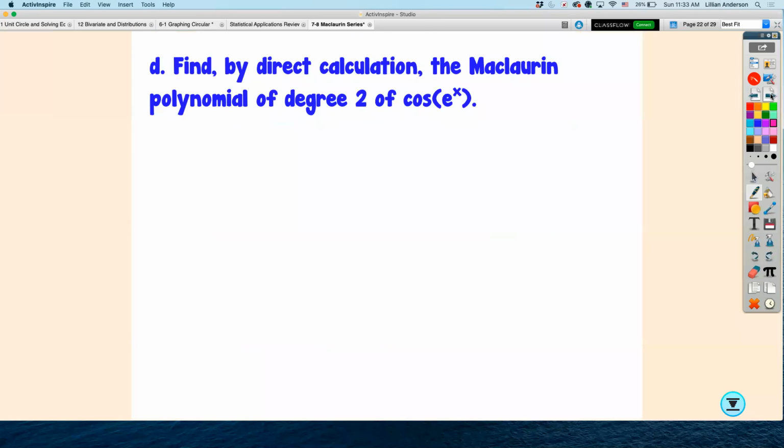Using everything that we've done in parts A, B, C, and D, now we're going to find by direct calculation the Maclaurin polynomial of degree 2 of cosine e to the x.